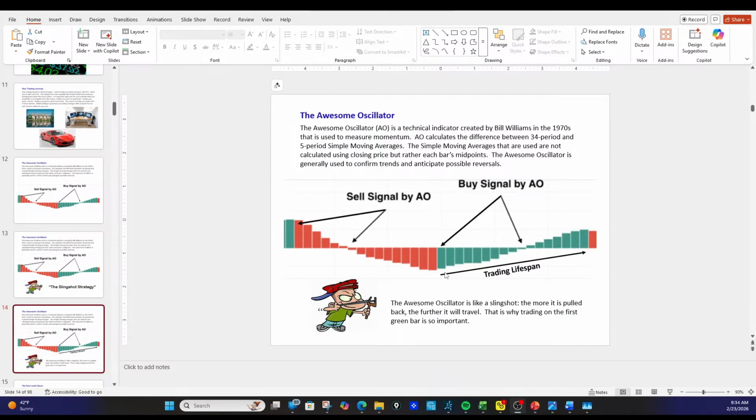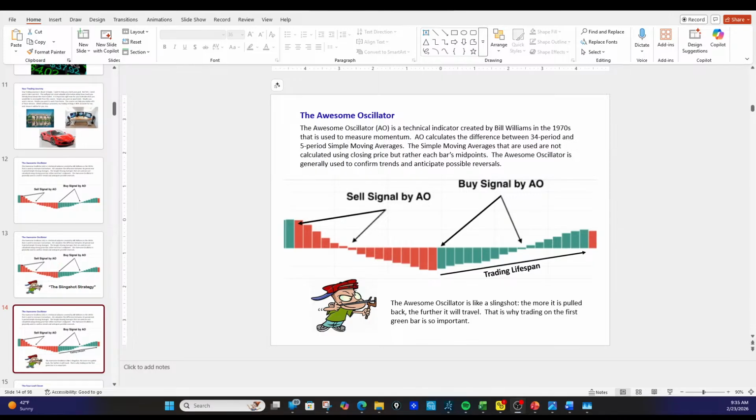As we can see, when we had that first green bar and we're coming up and we've gone past the 0 line and we're going up, this is our trading lifespan. And so when we get past that, we're just going to start going down now.